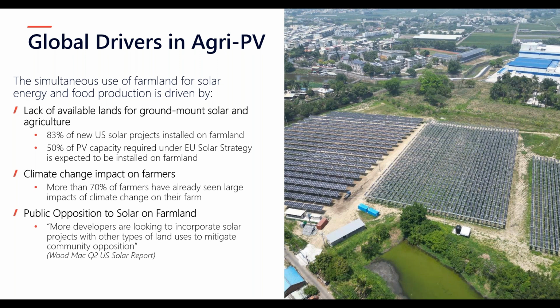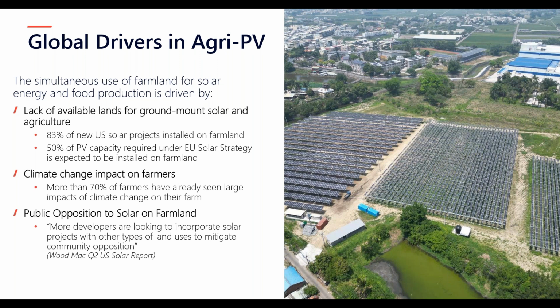With that, we understand that there is a problem, because if we don't do dual use, it means that these projects will basically replace farmland, and obviously we do need this land to produce food. We add to that the fact that farmers around the world really suffer from the climate change impacts, really find it more difficult to produce food.